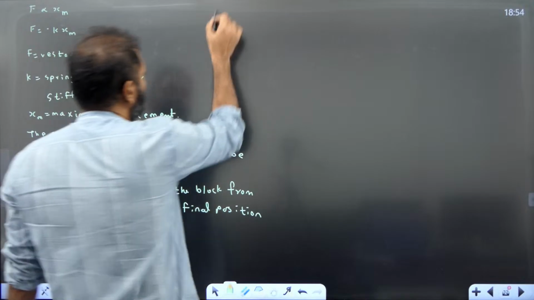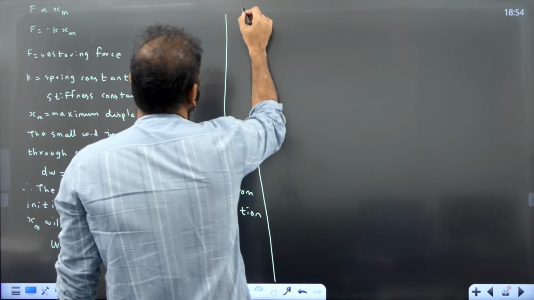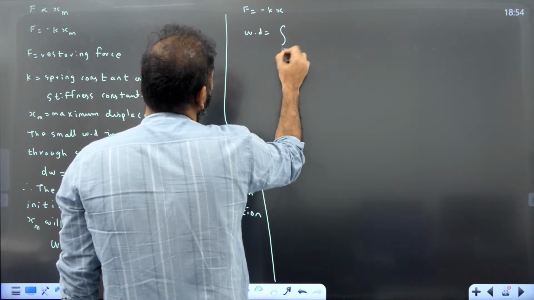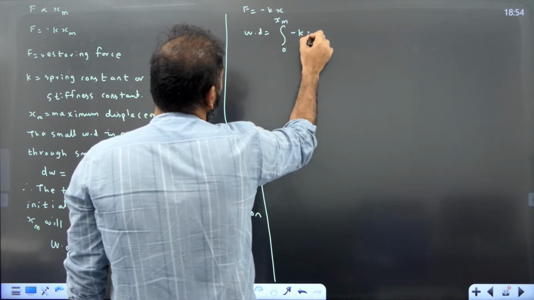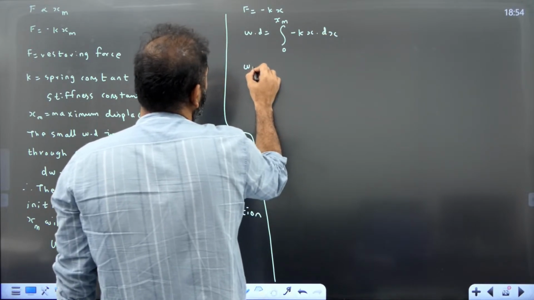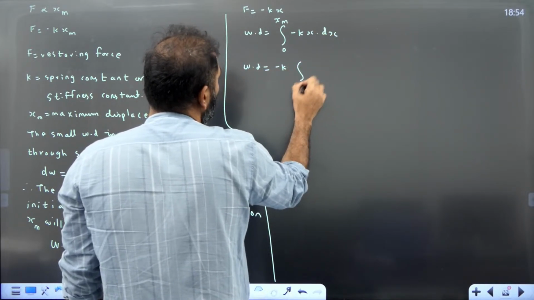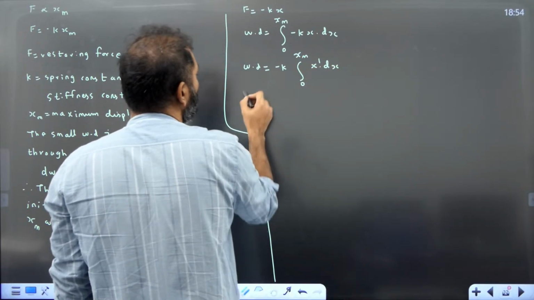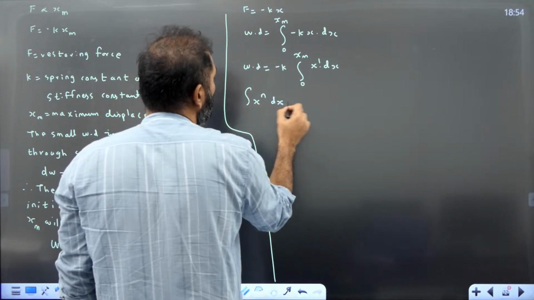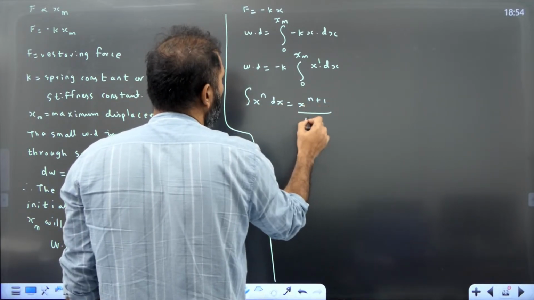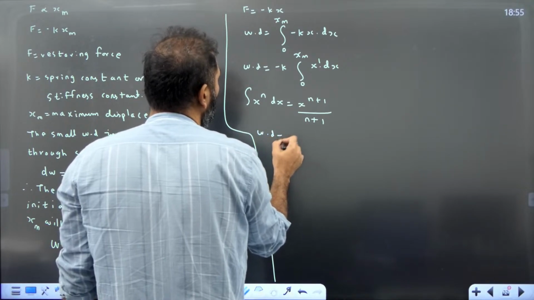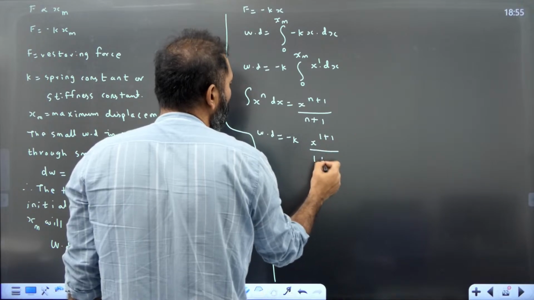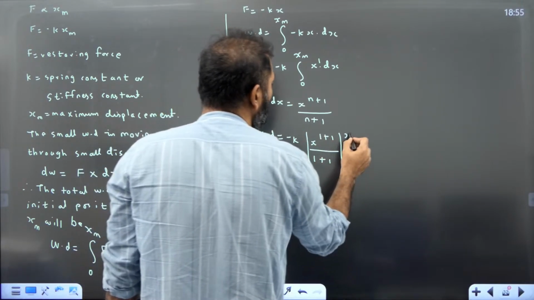Now there is a problem. Not a problem. We know that F equal to minus kx. So total work done is the integral from initial position 0 to x suffix m of minus kx dx. So work done is equal to minus k, since k is a constant, integral from 0 to x suffix m of x dx. Now simply x means x raised to 1. And I know that the integral of x raised to n dx is equal to x raised to n plus 1 by n plus 1. So work done is equal to minus k x raised to 1 plus 1 by 1 plus 1, limit 0 to x suffix m.